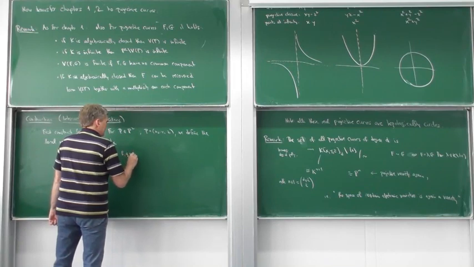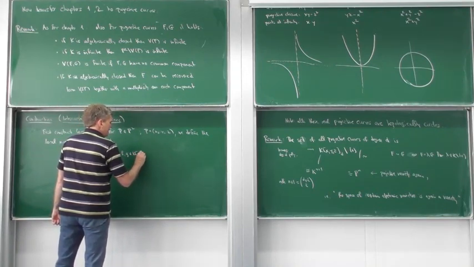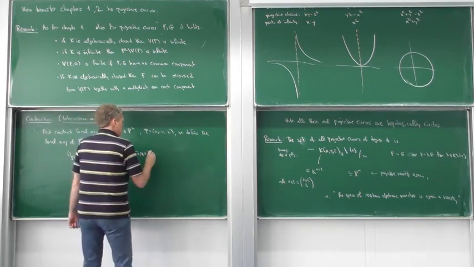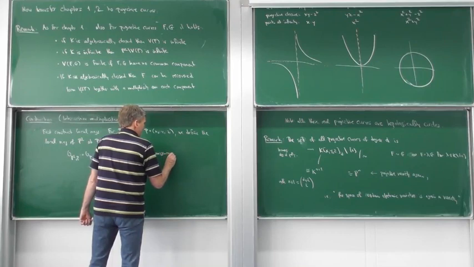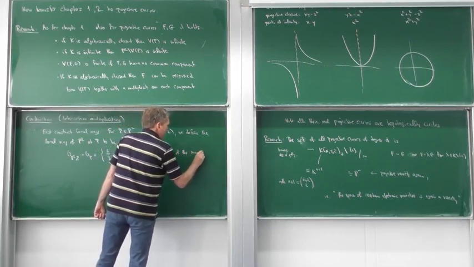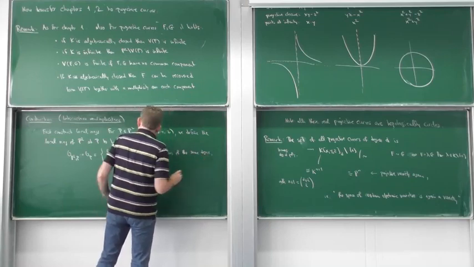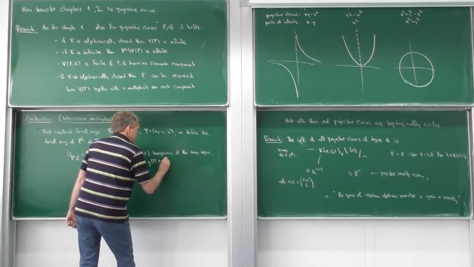Namely, f and g are polynomials in 3 variables x, y, z. They should be homogeneous of the same degree. And of course, the denominator still shouldn't vanish at the point P.